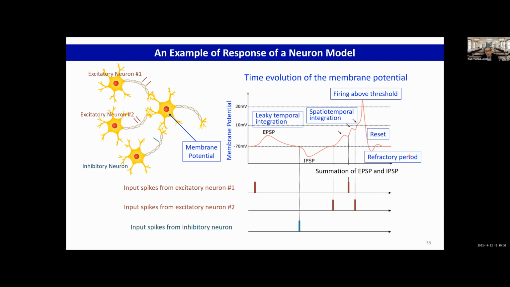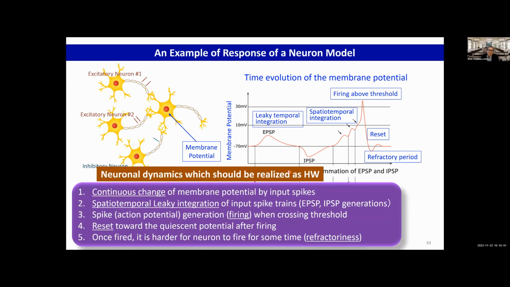So we have at least 5 features of neuron which should be implemented as hardware: continuous change of membrane potential, spatial temporal leaky integration, and also the spike generation, the firing and reset to the quiescent point, and also this kind of overshoot, which is refractoriness. For example, the commonly used leaky integrate-and-fire neuron implements items 1 to 4.